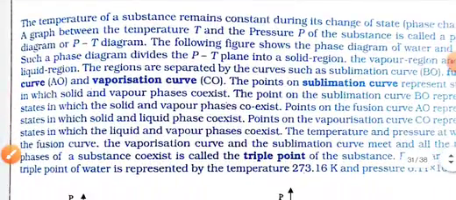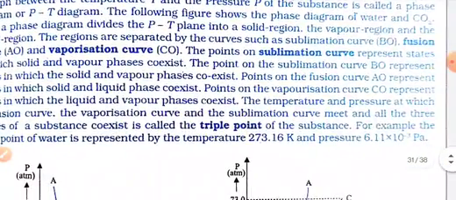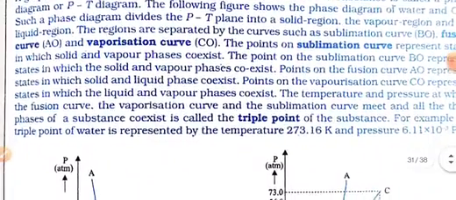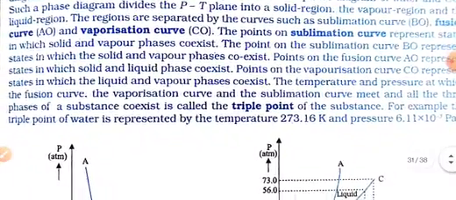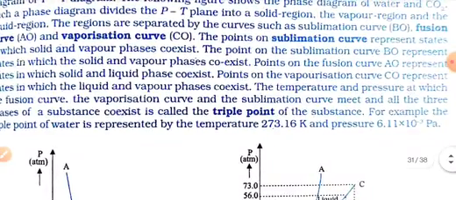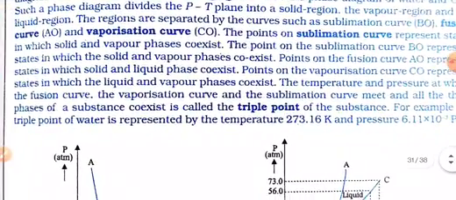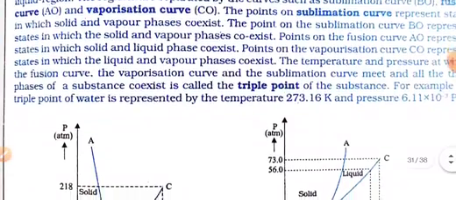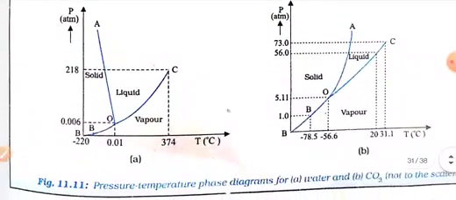So the temperature and pressure at which the fusion curve, the vaporization curve and the sublimation curve meet, and all three phases of a substance coexist, is called the triple point.